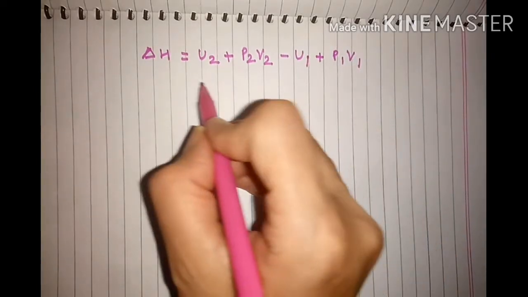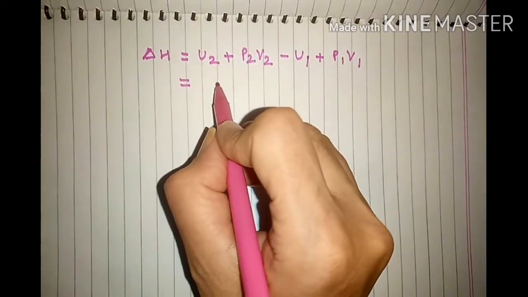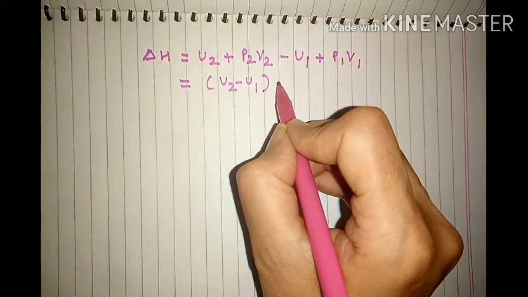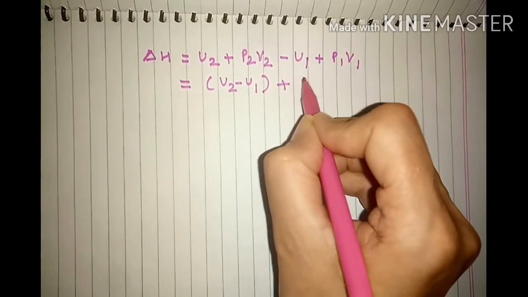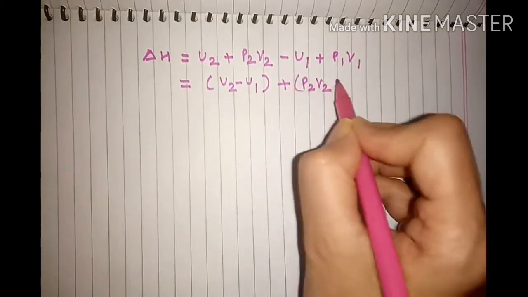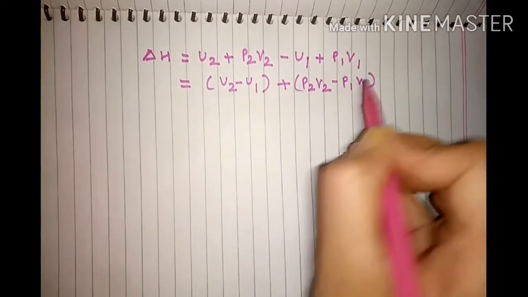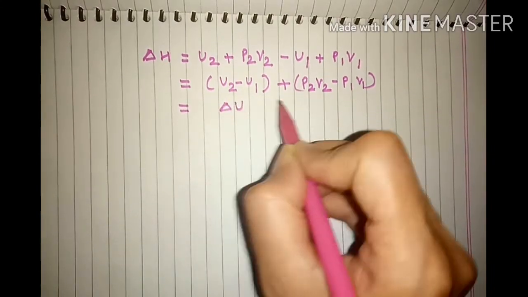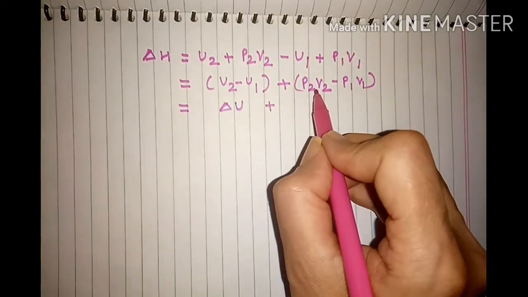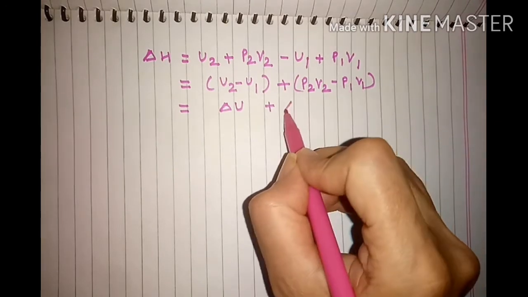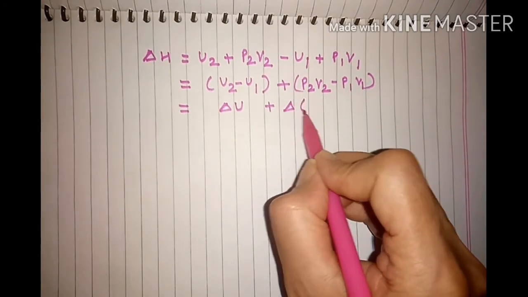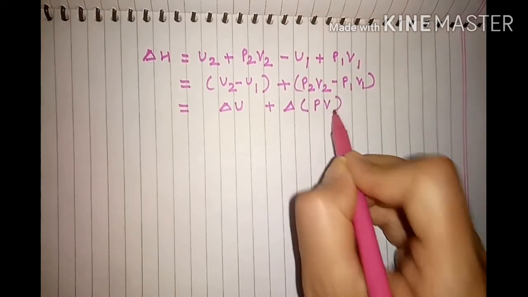Okay, so you can further simplify this as U2 minus U1, put it in bracket, plus P2 V2 minus P1 V1. So this can be written as U2 minus U1 means delta U plus P2V2 minus P1V1, that is the change in pressure and change in volume. It can be written as delta into PV.